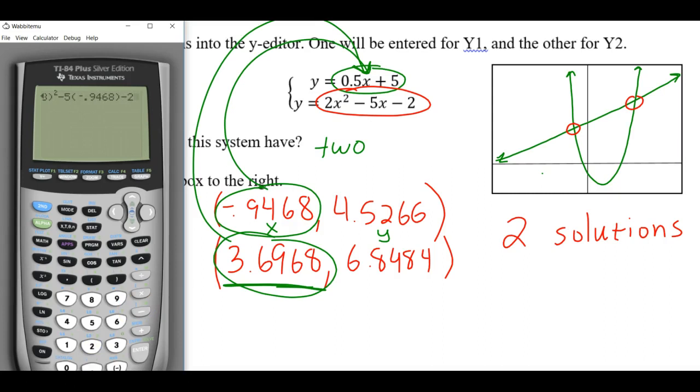All I did is type in the quadratic, but plug in this x value. When I hit enter, I should get 4.5266. You can see how close it is. We rounded our answer, so it'll be real close. Obviously, if you typed in the whole big long decimal that our graph gave us, it would work better, but you can see that it's real darn close.